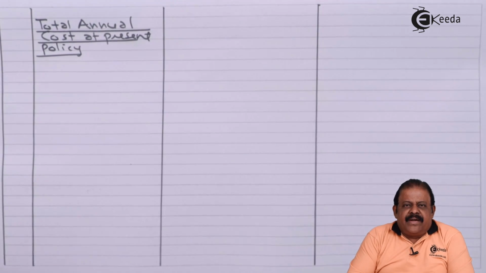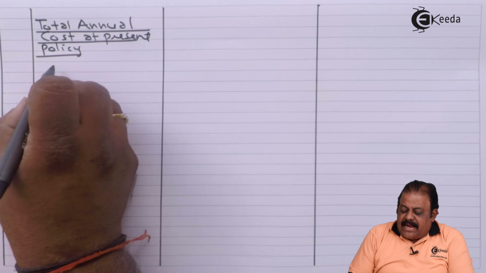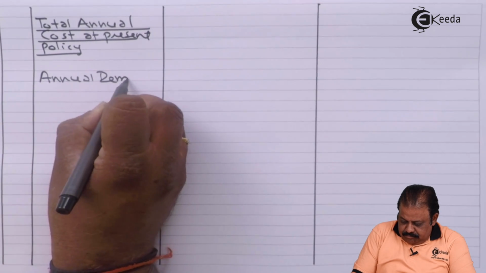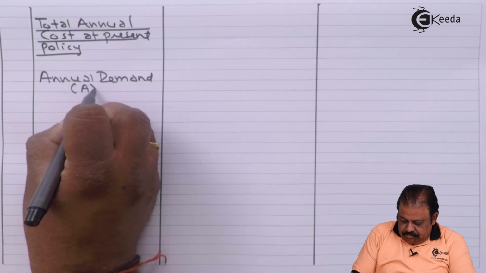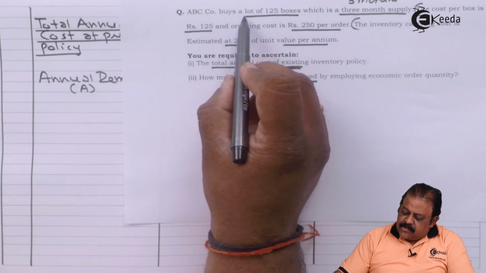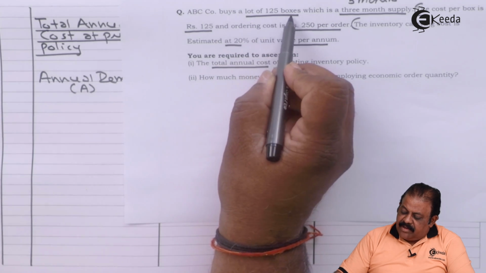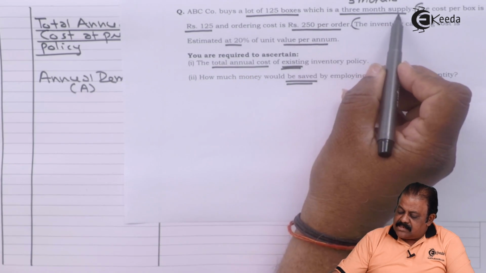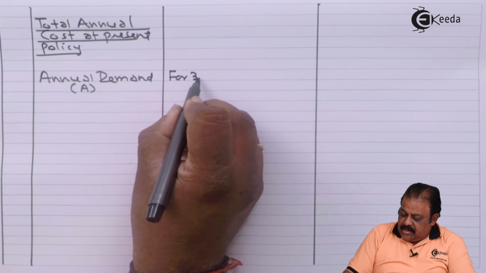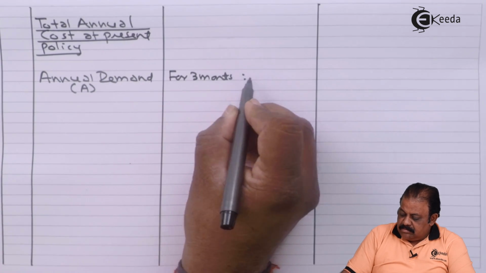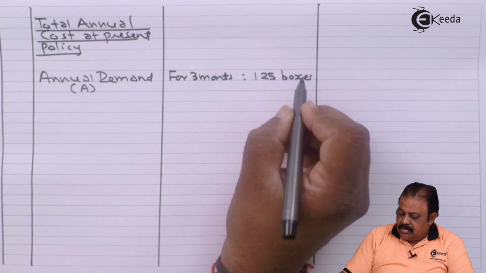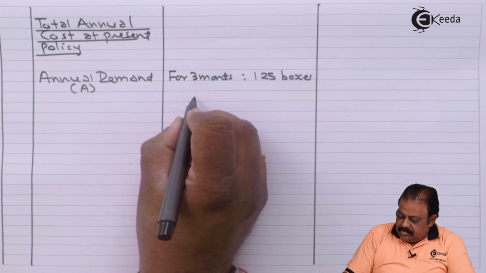We'll first try to find out total annual cost at present policy. They have said there is purchase of lot of 125 boxes, which is a 3-month supply. For 3 months, there is purchase of 125 boxes.